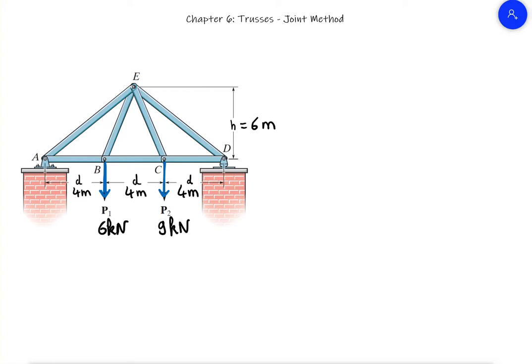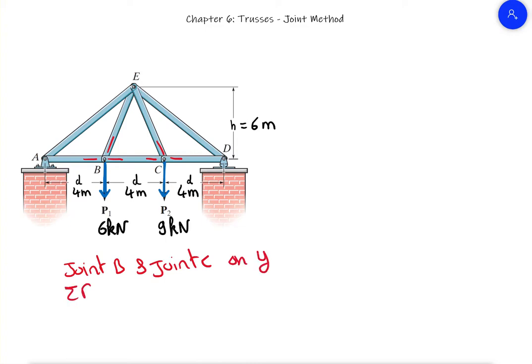Here we have 3 unknowns, but we are able to solve for EB and EC with the force on Y. So that's option 1: do joint B and joint C on Y.